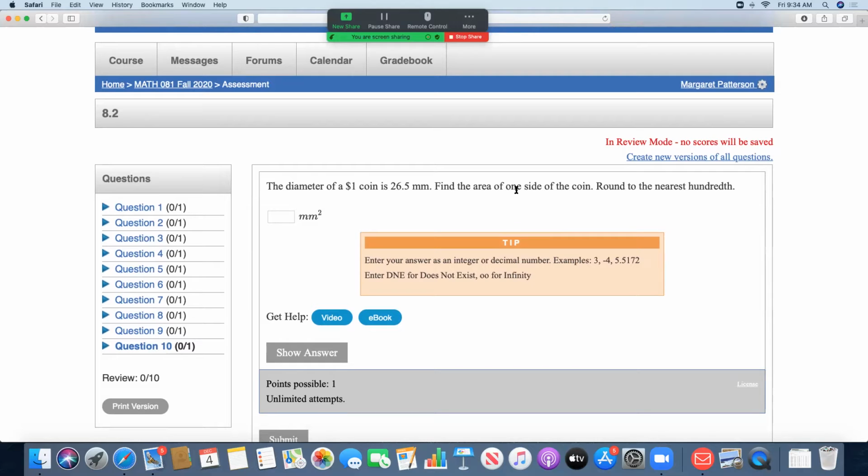Yes, but I don't know, that phrase one side is throwing things off a little bit. Basically find the area of the face of the coin or something. And so if, and I think I'm going to draw it and then I think I'm going to go to the new material.